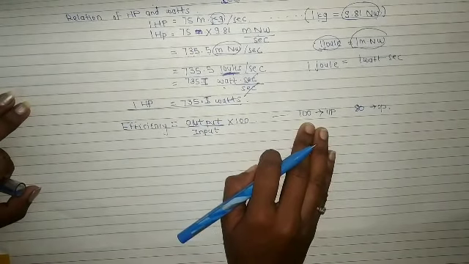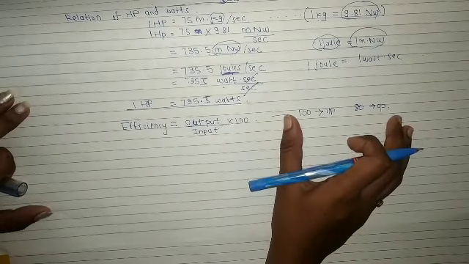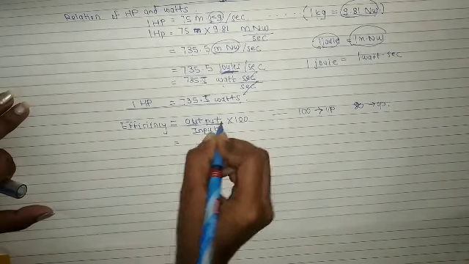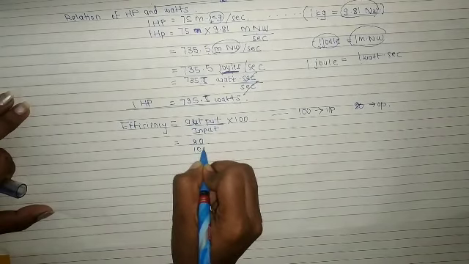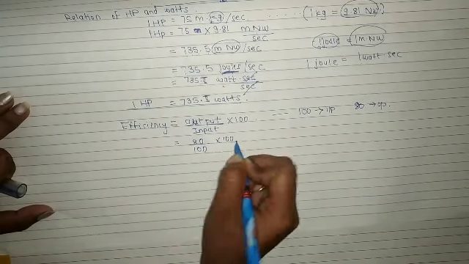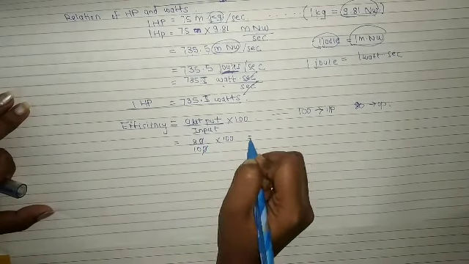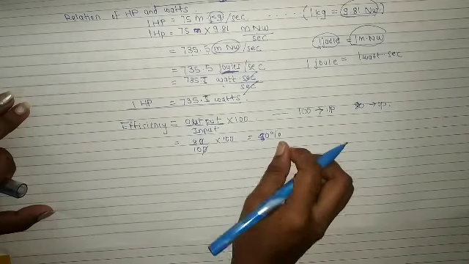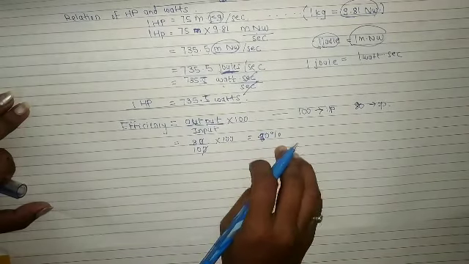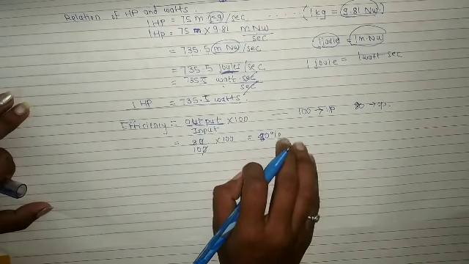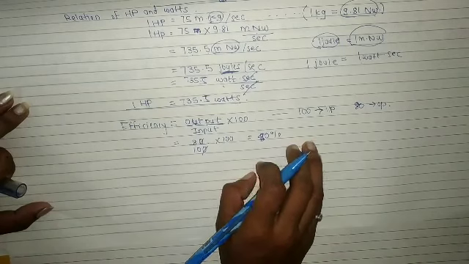That will be your output. So what is the efficiency of that student? How do we calculate it? Output is 80, input is 100, into 100. So the efficiency of that student is 80%. Efficiency means karya shamta.